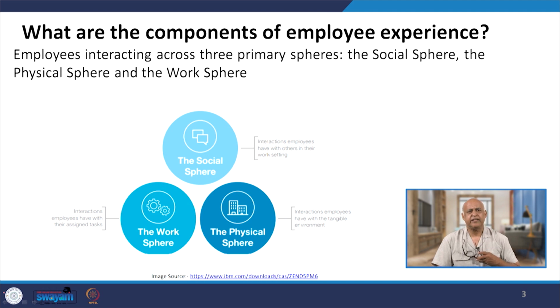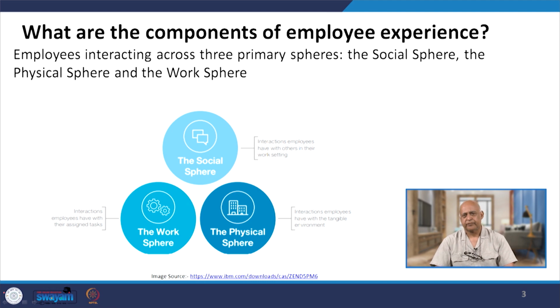Now, there are basically 3 types of tasks: unskilled, semi-skilled and skilled. The job profile will have these different types of tasks. The physical sphere is the interaction employees have with the tangible environment.